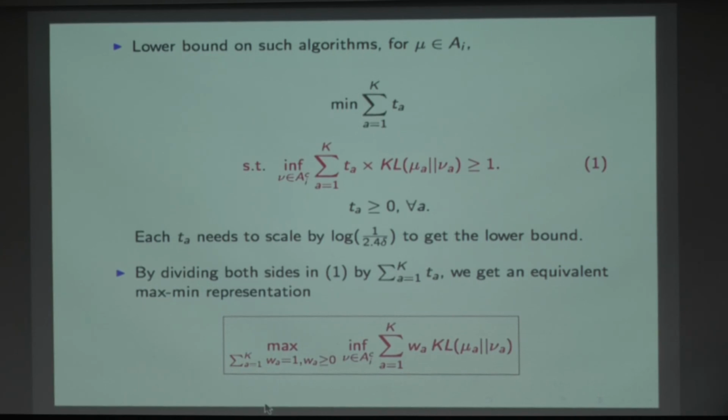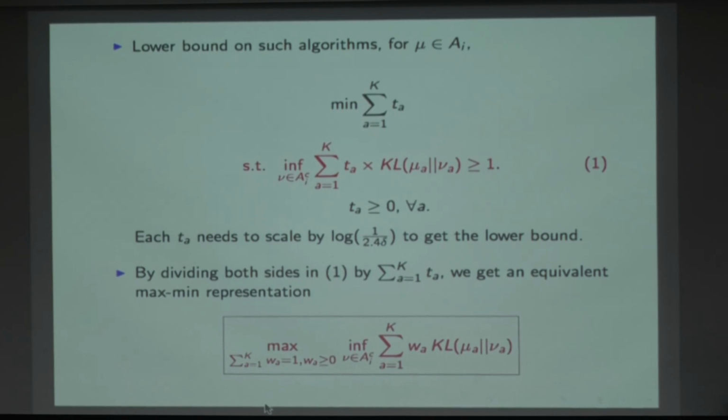It's like I choose the weights w(a). Think of w(a) as probabilities. At any step, I'm going to choose with what probability arm a should be chosen for sampling. And nature then chooses the worst nu that I have to contend with, which minimizes this guy here. This is something which I want to maximize.